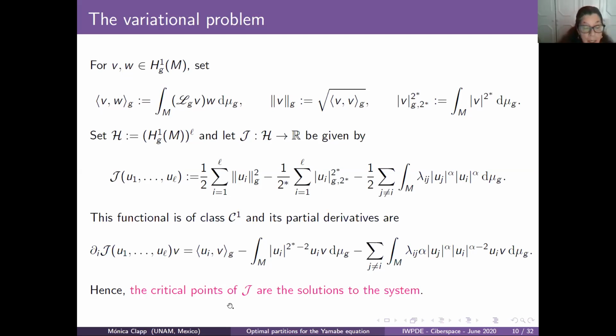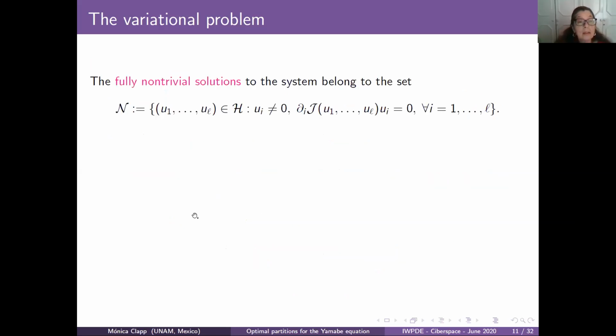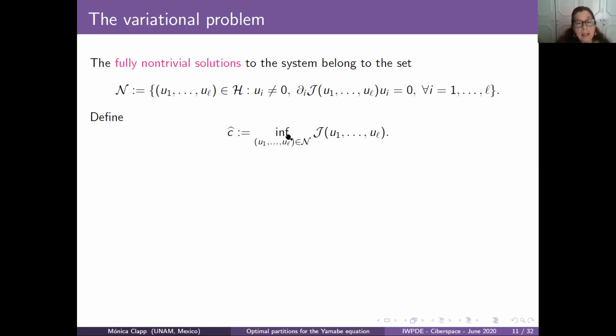Now we want to look not just for any solutions, we want solutions which are fully non-trivial. So we are looking for solutions which belong to the set, which I will call N, which have all components different from 0, and the partial derivative in the direction of each of the components is equal to 0. Now we look at the infimum of the functional on this set N. And as it turns out, this set N is very nice in our case.